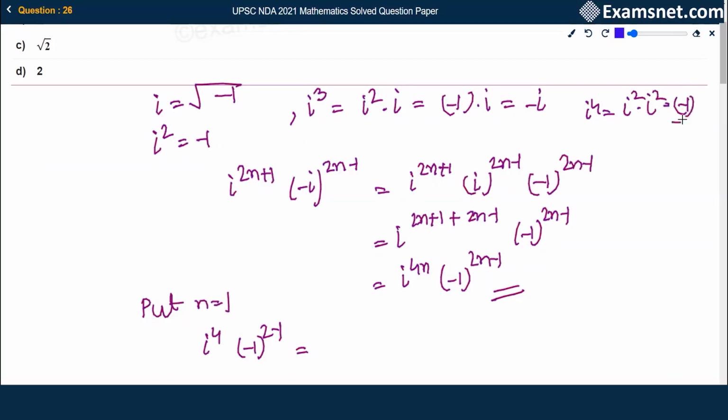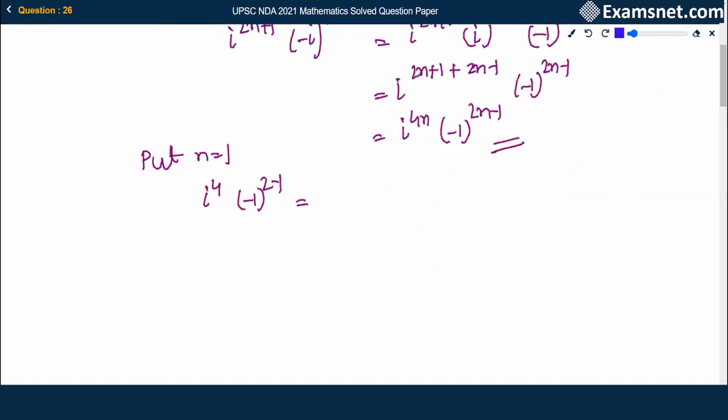So minus 1 times minus 1, we will get 1. So i to the power 4 will give us the value 1. And here minus 1 whole to the power 1 will give us minus 1. That means the total value is minus 1.